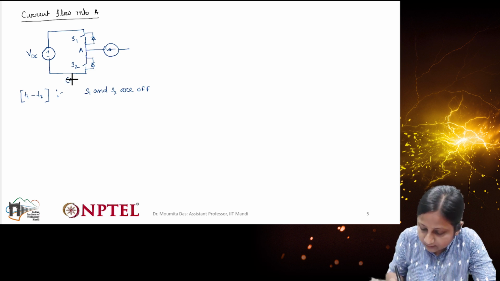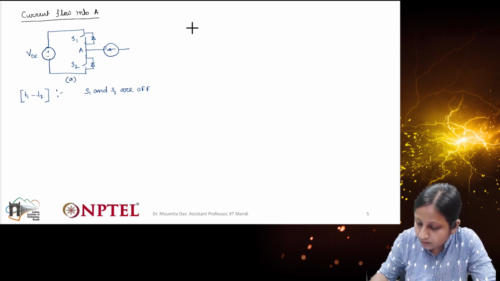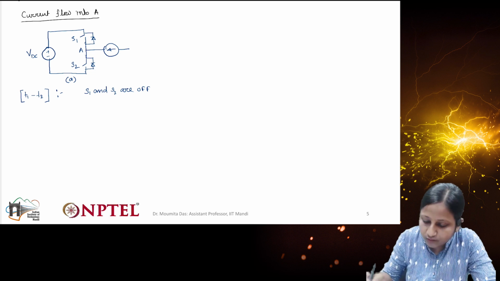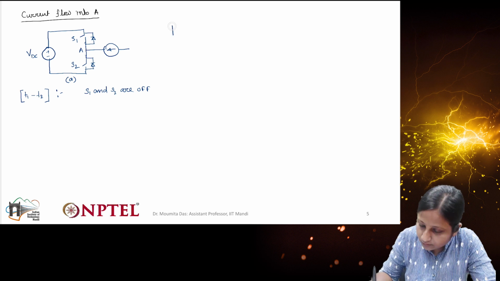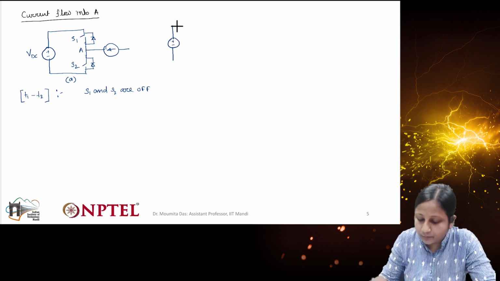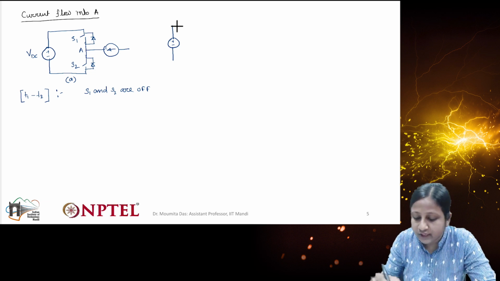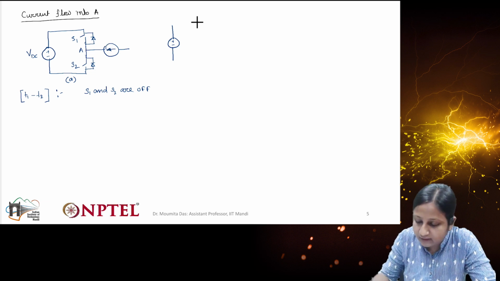So let's say this is A. Now if I try to draw the equivalent circuit diagram for the T1 to T2 duration, because both the switches are off, the current flows in this direction.